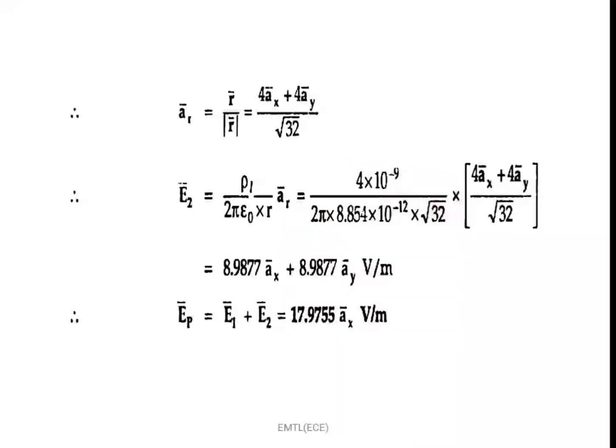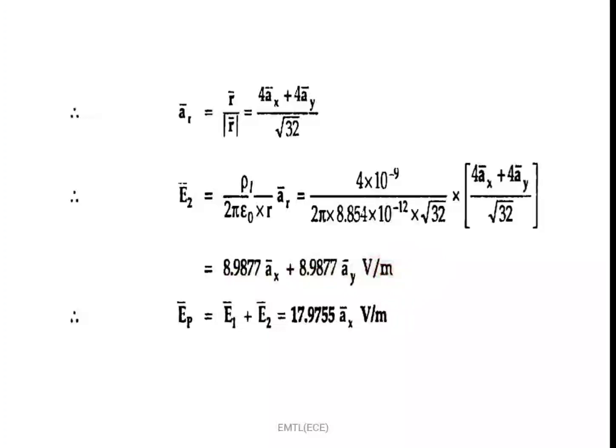Here the linear charge density is 4 nanocoulombs, that is 4 into 10 power minus 9 coulombs, and substituting epsilon naught, 8.854 into 10 power minus 12, R as square root 32, and aR bar as (4 ax bar plus 4 ay bar) by square root 32, the final vector E2 bar is 8.9877 ax bar plus 8.9877 ay bar.